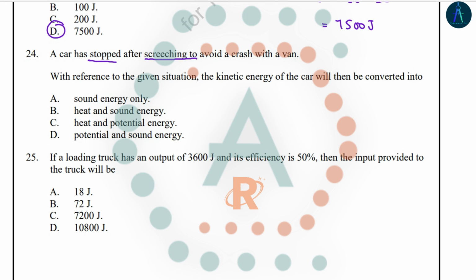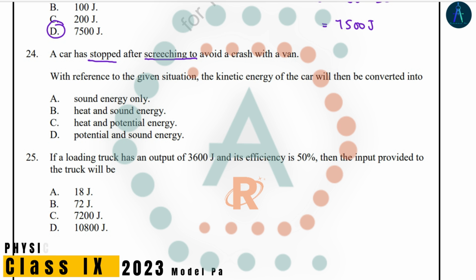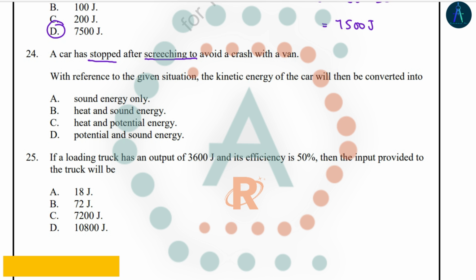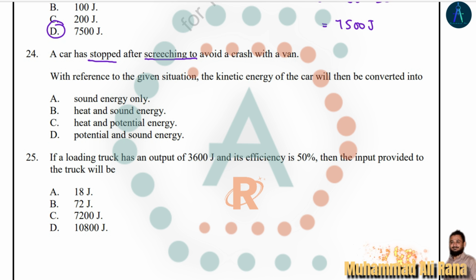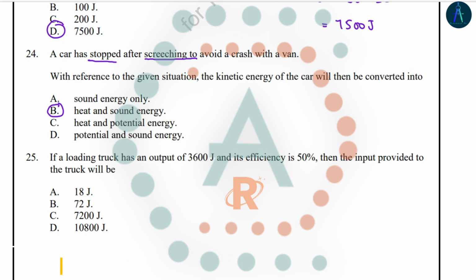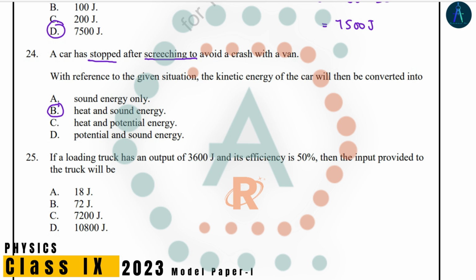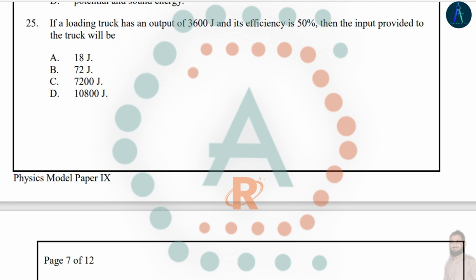So the brakes are applied and the kinetic energy of the car will be converted into heat and sound energy. So the correct answer will be option B, that heat and sound energy will be the result of the conversion from kinetic energy of the car.